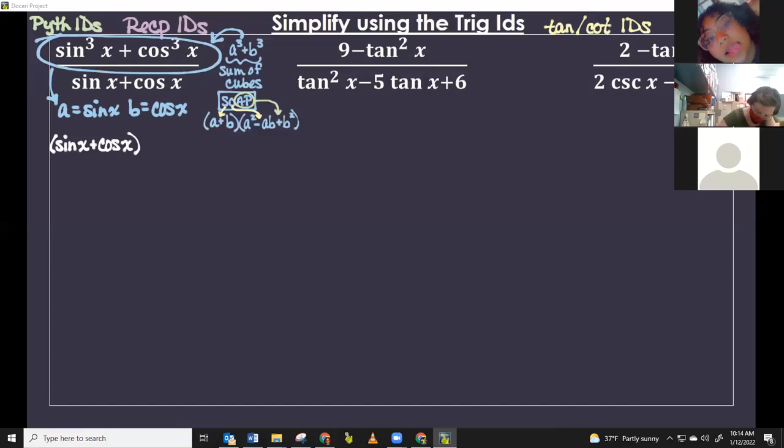Second factor, my quadratic factor, would be sine squared x plus, now I have to multiply A and B together, sine x cosine x. Oh, is it going to be a plus or a minus in there? This guy right here. Plus or minus?